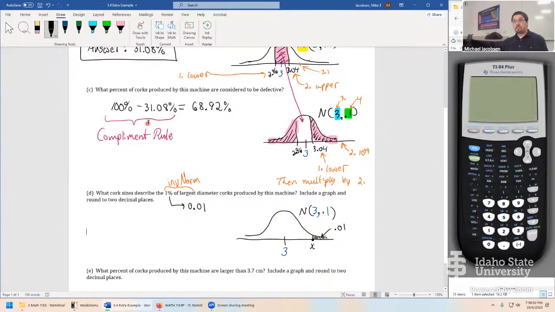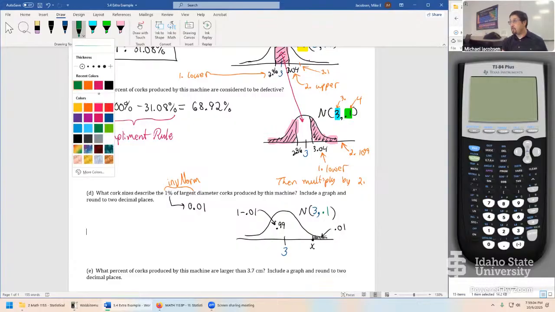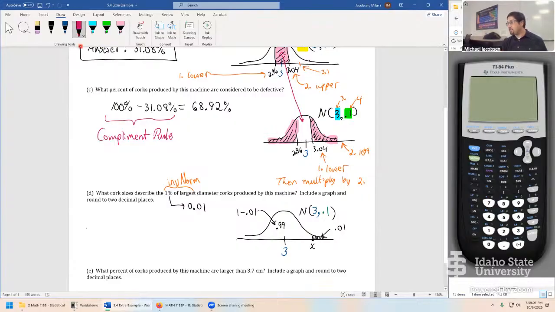And so really we're using the complement rule a second time when we go to get this area. This area is 1 minus 0.01, giving us a 0.99 in that location there. So we might as well say it. This really is the complement rule a second time.